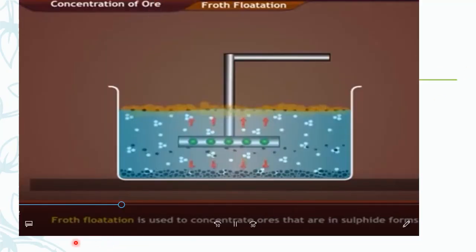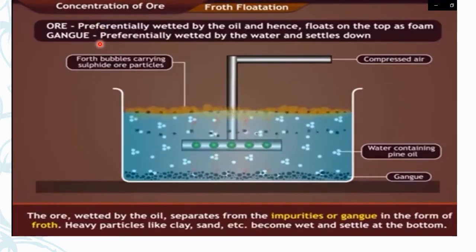See here. Froth flotation is used to concentrate ores that are in sulfide forms. The ore is preferentially wetted by the oil and hence floats on the top as a foam.